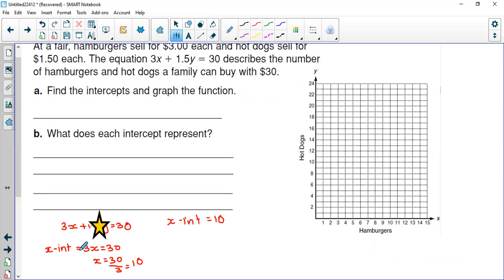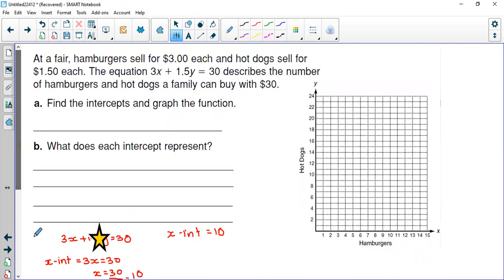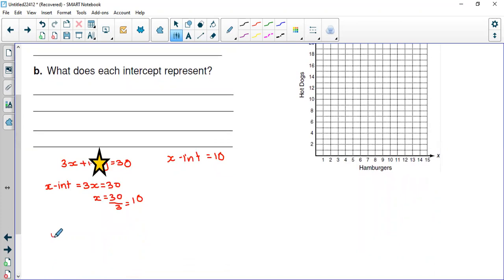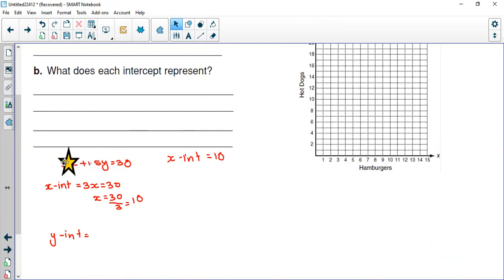Same way, I'm going to find the y-intercept now. To find the y-intercept, all you need to do is cover the x. If you cover the x, what are you left with? You are left with 1.5y equals 30, which is y equals 30 divided by 1.5.